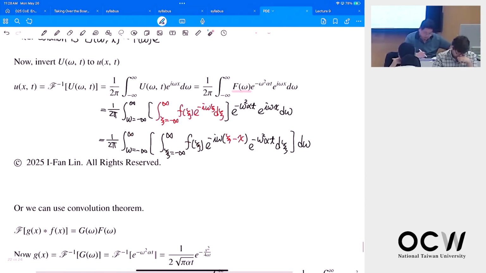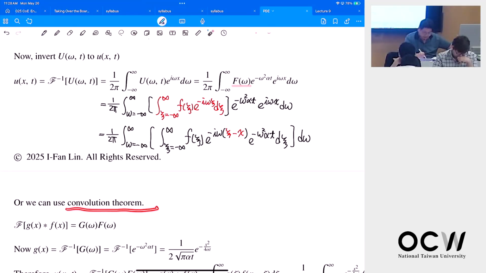So we can also use the convolution theorem. So two functions multiplied in one domain means that in the other domain, they are doing the convolution. So we need to find their inverse Fourier transform first, then do the convolution.